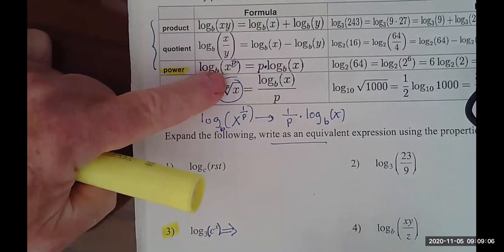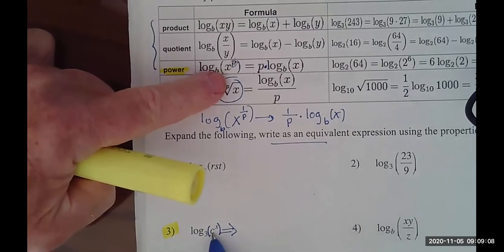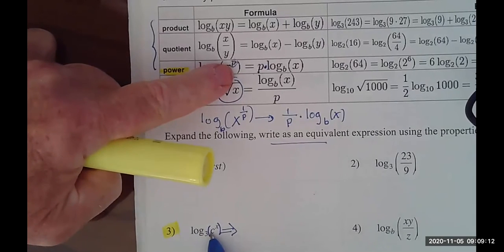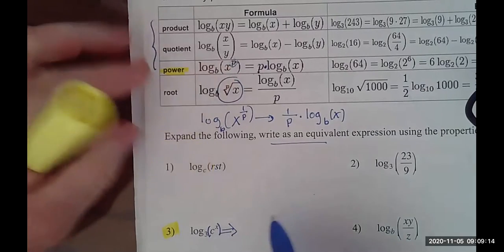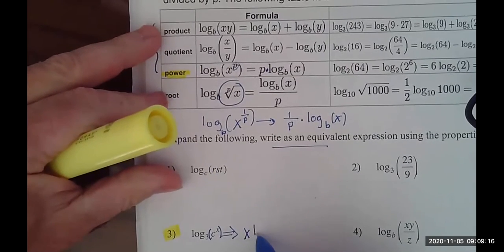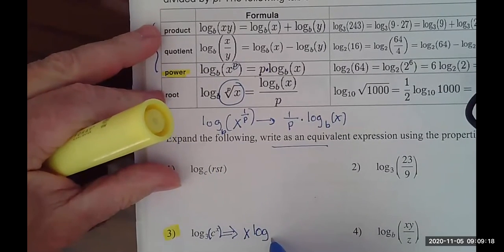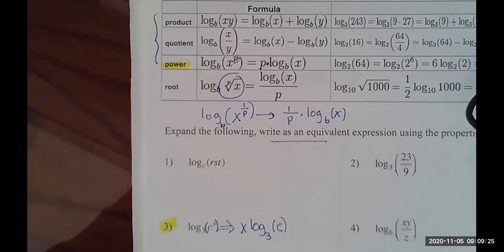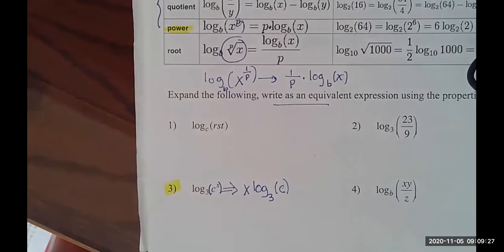See, it's like the x here is the base. So that's like acting like c right here. The p for the power is the x. So that comes down in front. And then you have log base 3 of c. That's the rewritten version of it.